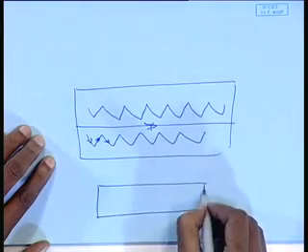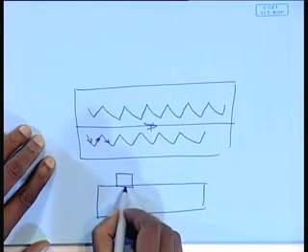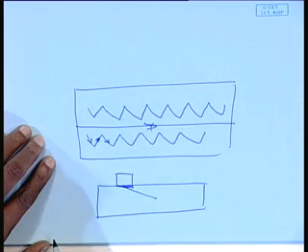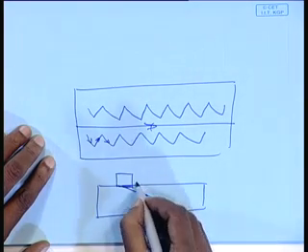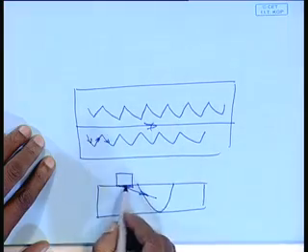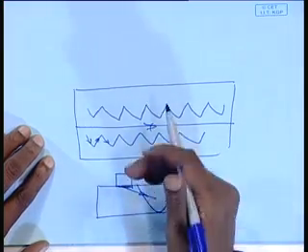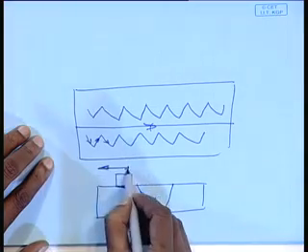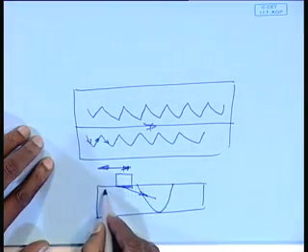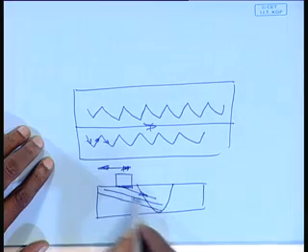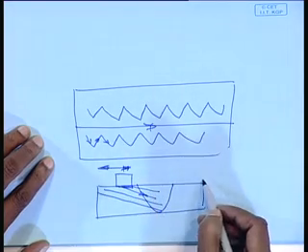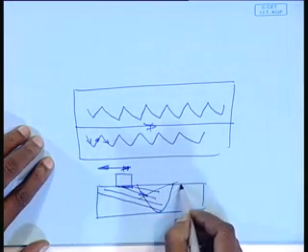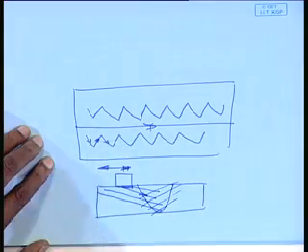Because these probes have the capability of transmitting ultrasound in an oblique direction, right. So, if the weld zone is this, as you go on moving the probe, it scans the entire depth. Again, on the other side, it will scan the entire depth. So, thereby it goes on scanning the entire depth.